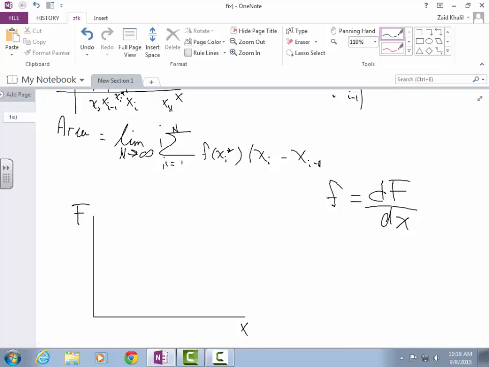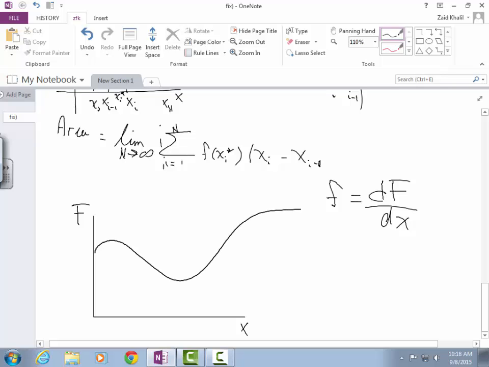So here's this function of big F. Okay? So you take 2 points. How about we take those 2 points that we just showed earlier, x_i minus 1 and x_i. Right?